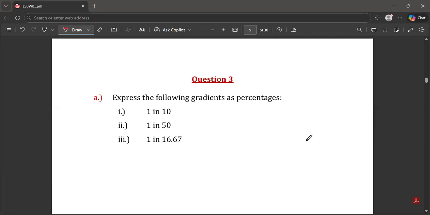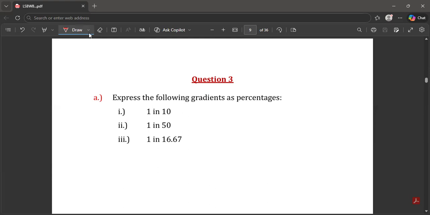When you see such a question, what should be the first thing that comes to your mind? You just have to use the gradient formula, the slope formula that I taught you.